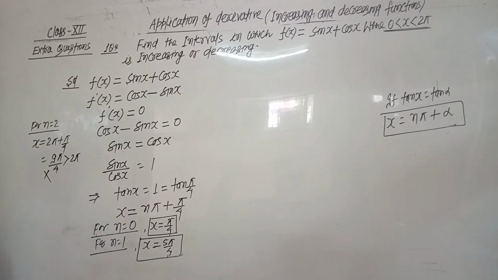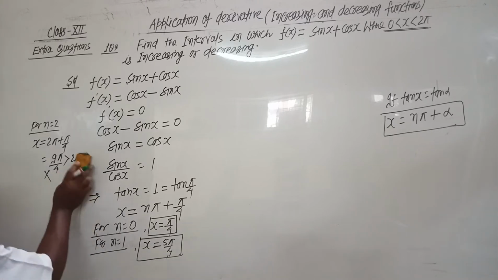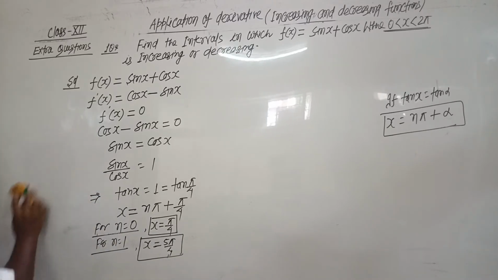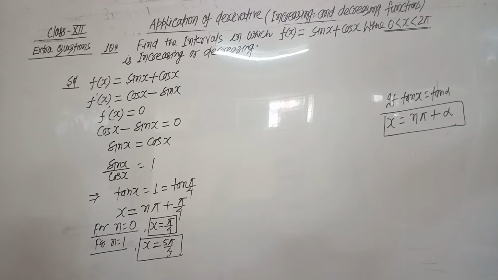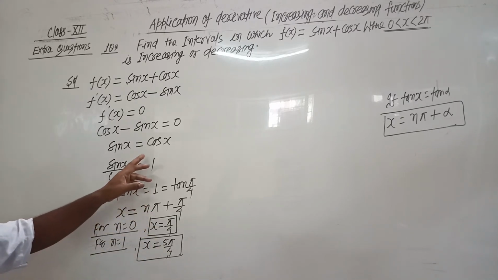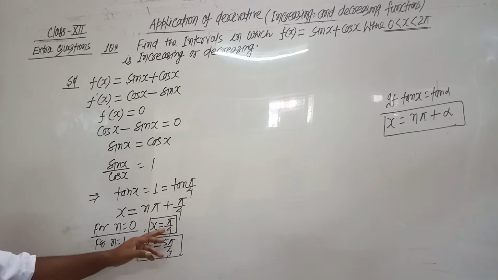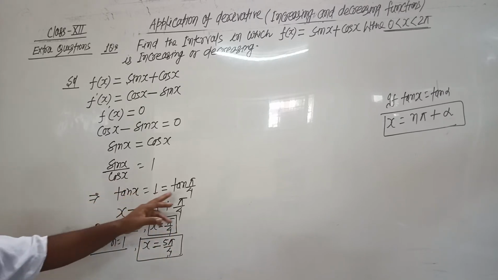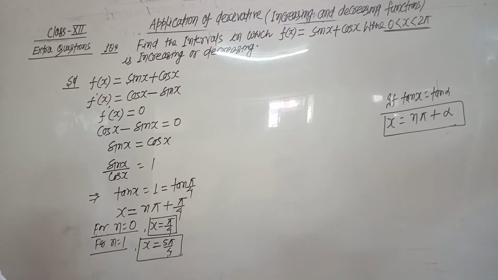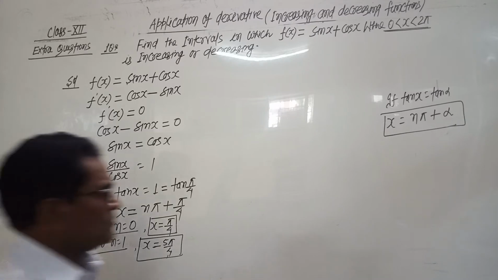We have to take only those values of x which lie from 0 to 2 pi. So these are the two values: tan pi by 4 equals 1, and also tan 5 pi by 4 equals 1.